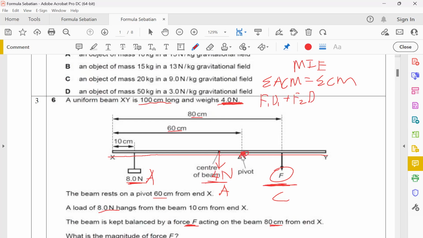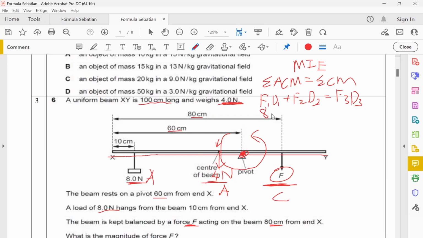Because this is the pivot, this is the force acting in this direction. It equals F3D3. Now, F1D1, which is this one, plus F2D2, which is this one, equals F3D3, which is this one. And from here, it's just a matter of substituting all the numbers in.